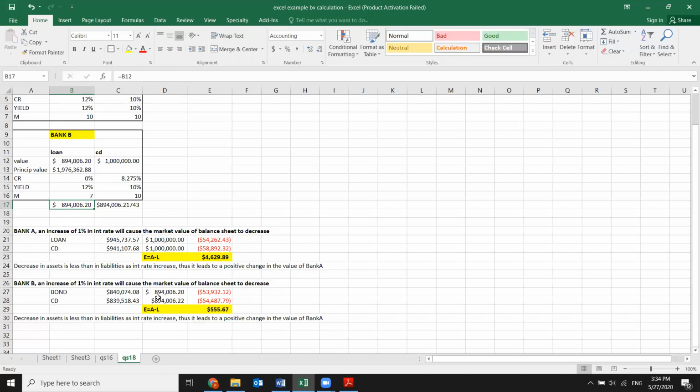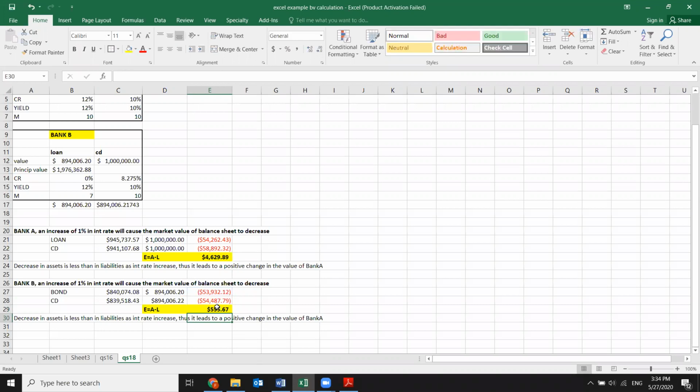We can see that this is the value we receive, and this is the value we have actually. And this is the value we generate using this. Now, equity will change. Same thing here, okay?